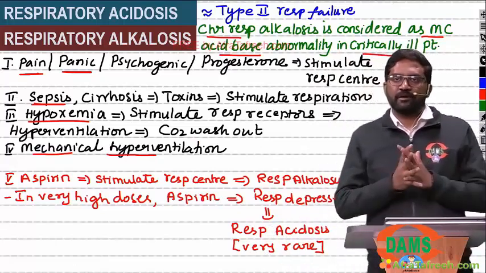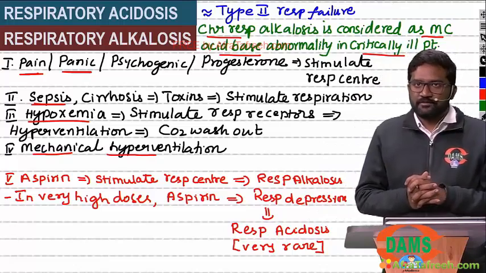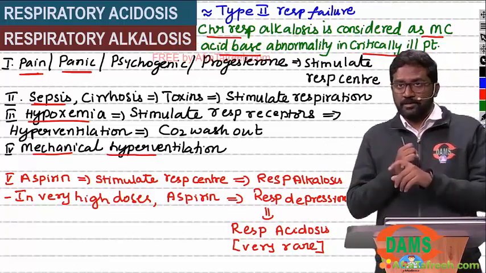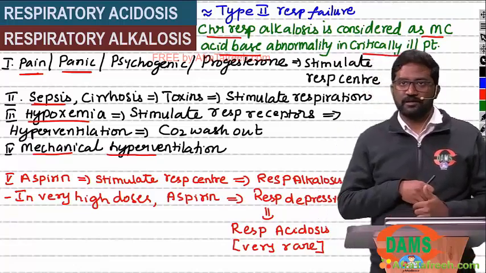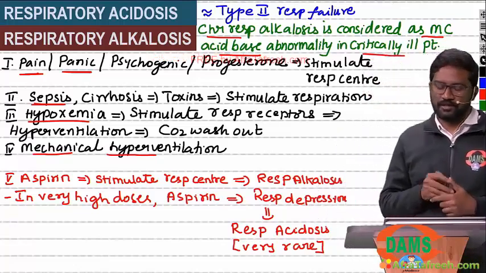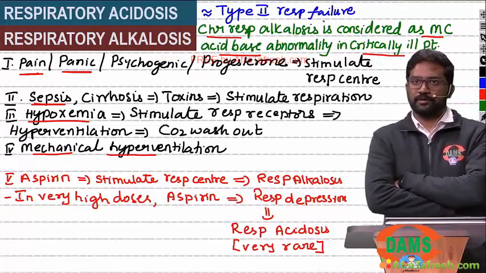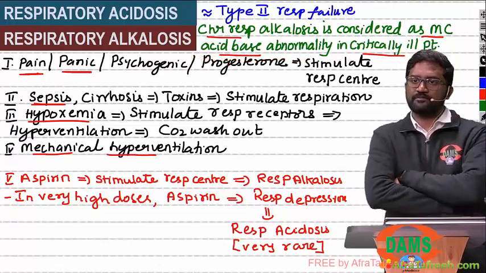So with this we have seen the primary acid-base disorders, I mean the individual metabolic acidosis, metabolic alkalosis, respiratory acidosis, respiratory alkalosis. Now coming to an important topic, that is mixed acid-base disorder.